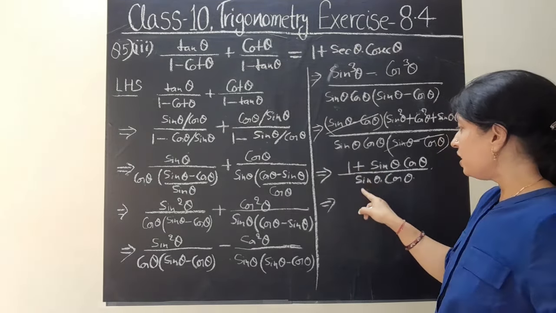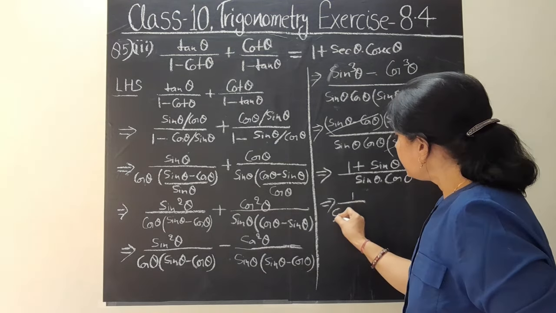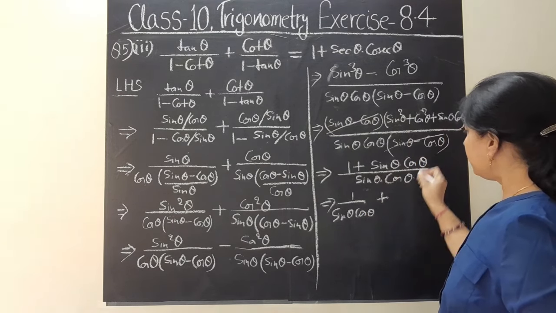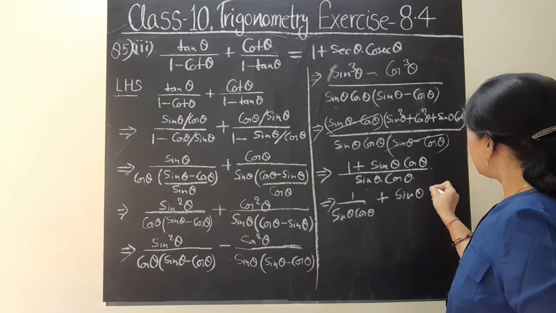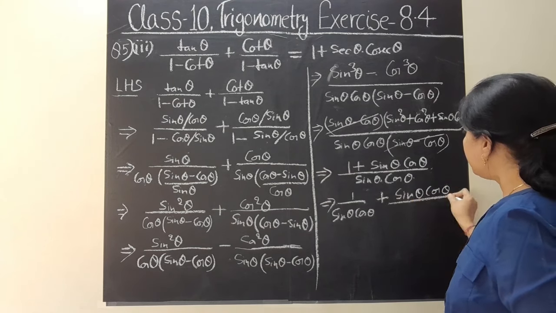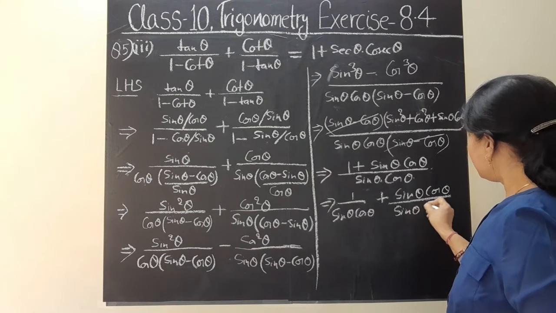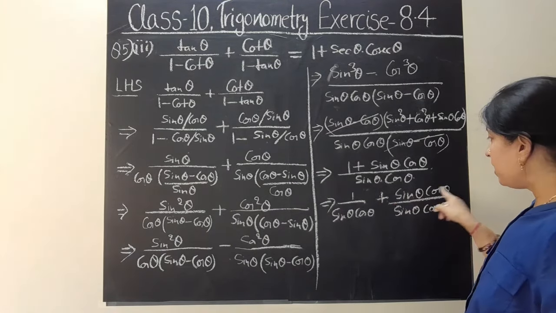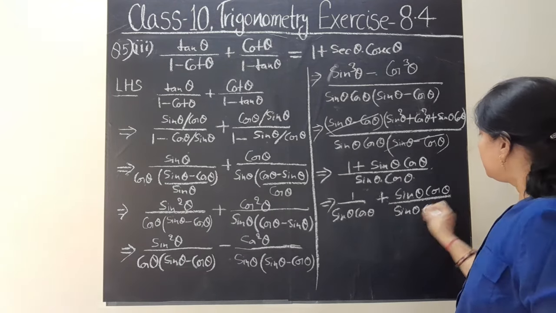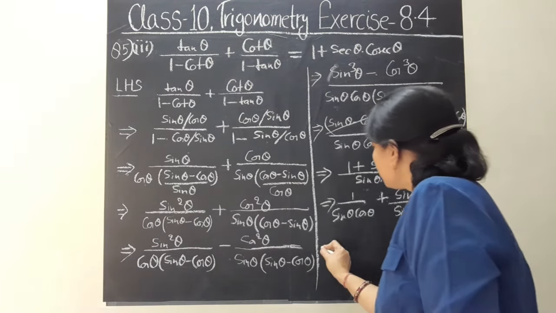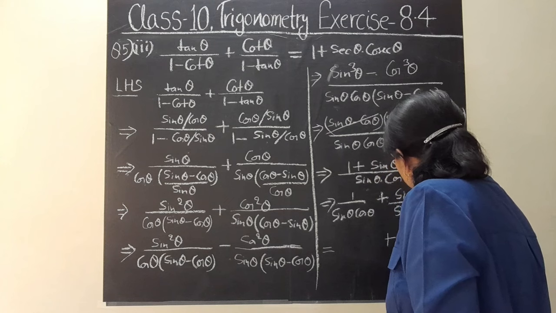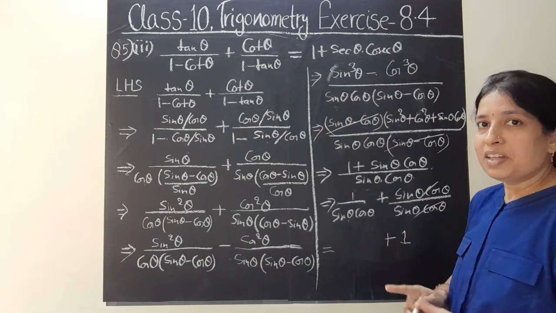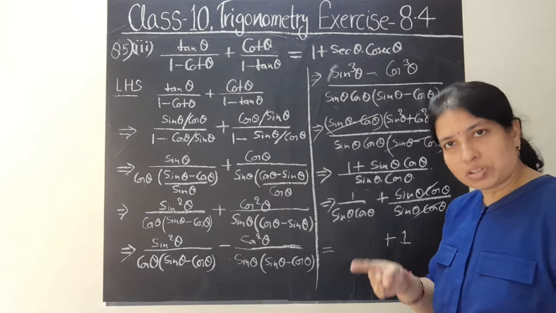So when one is divided by sin theta into cos theta, and this sin theta cos theta divided by sin theta cos theta becomes 1. So the second term will be 1, and here 1 by sin theta into 1 by cos theta. 1 by sin theta is equal to cosec theta.